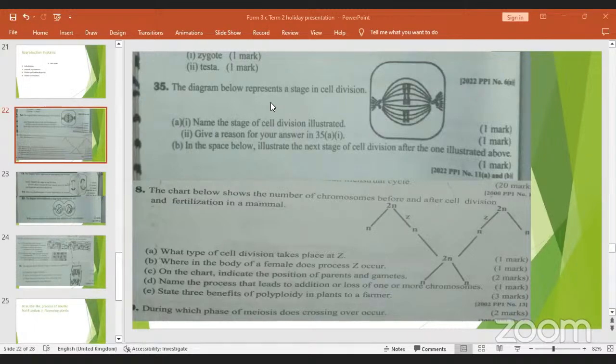We have mitosis and meiosis, the types of cell division. So you need to understand if it is mitosis or meiosis.